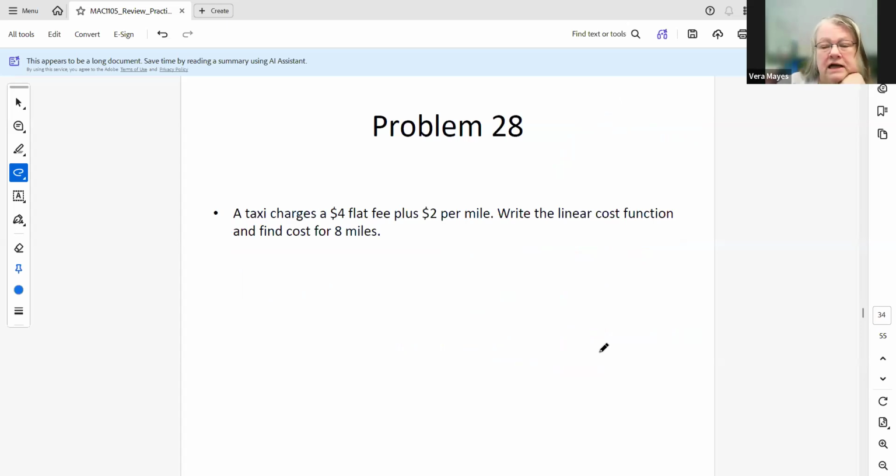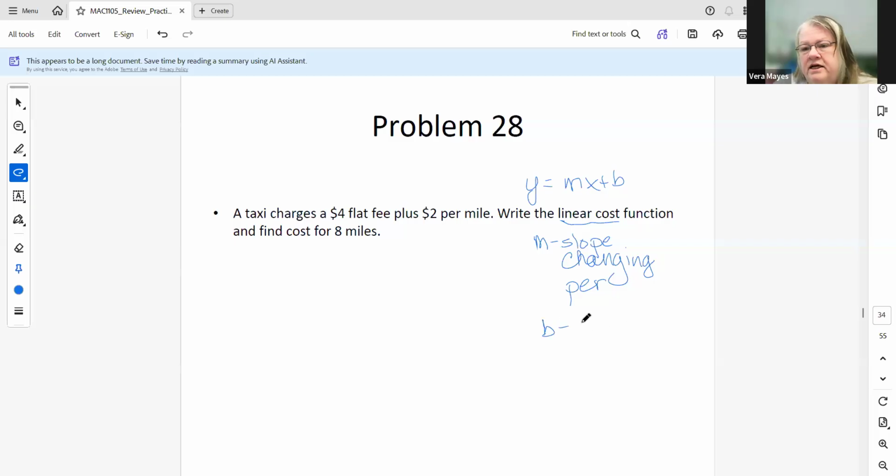Right. Here's one that's not a quadratic. It's linear. And so some of the things we know about linear, it has a basic equation of y equals mx plus b, where the m is the slope part. That's the part that's changing. And a lot of times that's associated with the word per when we're doing real world examples.